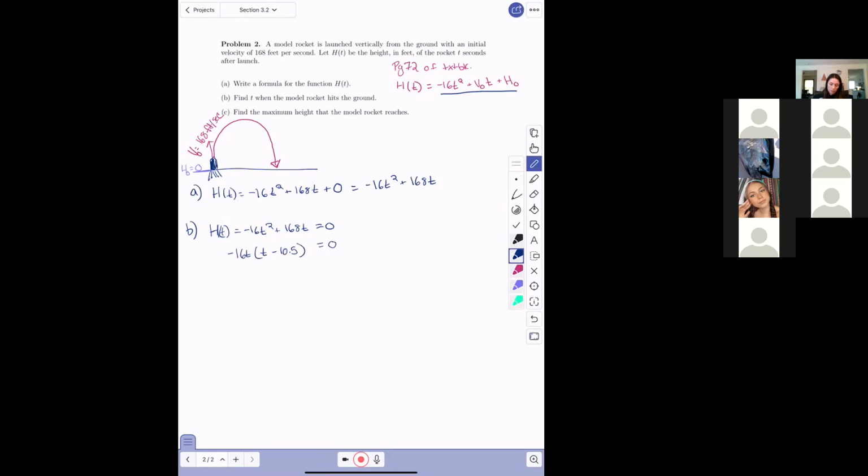Then from here, set both these equal to 0, negative 16t equal to 0, and t minus 10.5 equal to 0. So here t is equal to 0, and t is equal to 10.5. So the rocket hits the ground at 10.5 seconds.